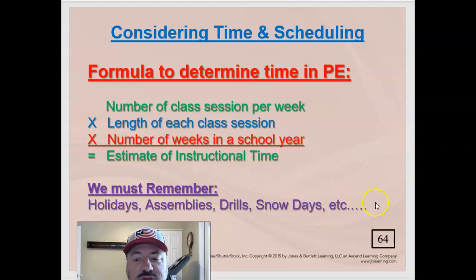So we must remember there's going to be some other things that complicate our formula. So you might want to even take about a week and a half off of this formula when you get done. So that is how to estimate time. Once you figure out your time, then you can start determining where your curriculum is going to go from there. How much time do you have to divide out by your activities? So consider your time for scheduling in PE based on your specific situation.